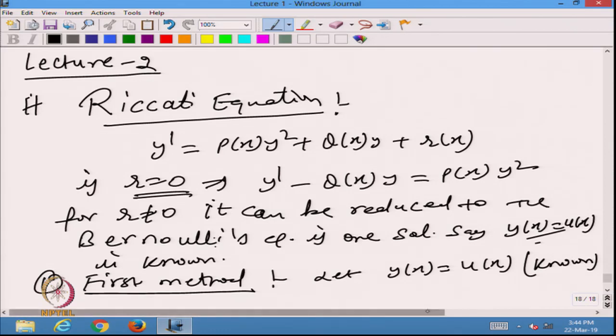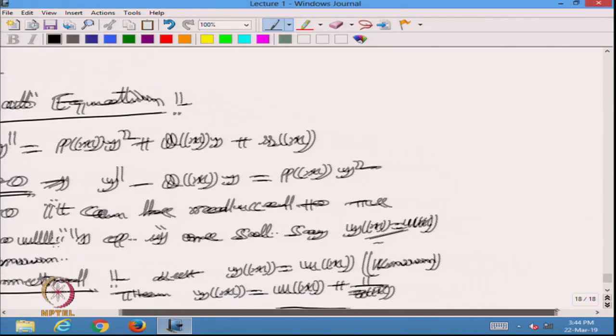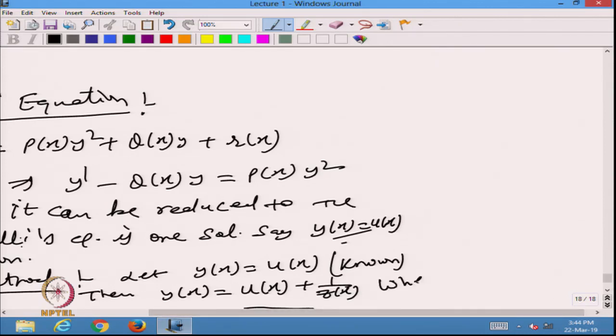Then I take the transformation y(x) is equal to u(x) plus 1 over z(x), where z(x) is the solution of the reduced problem.